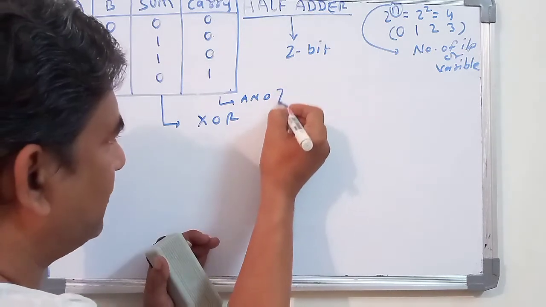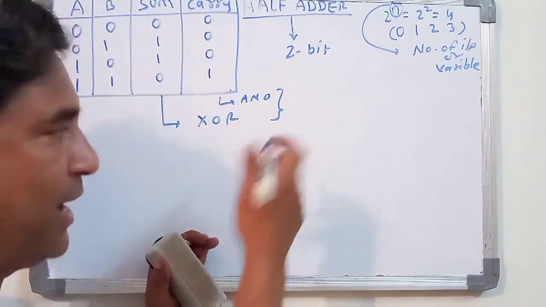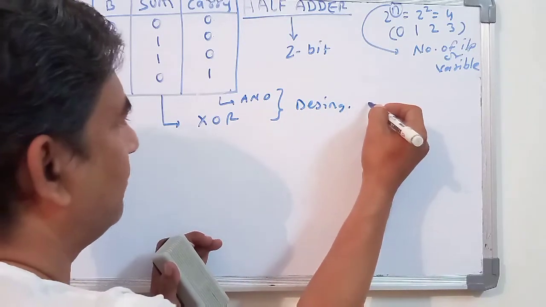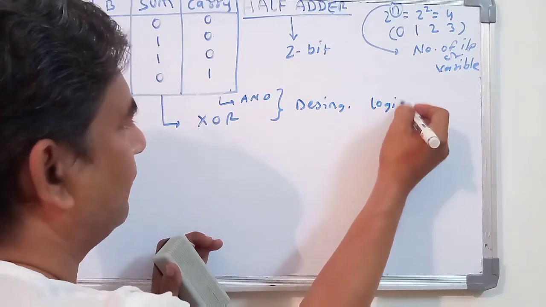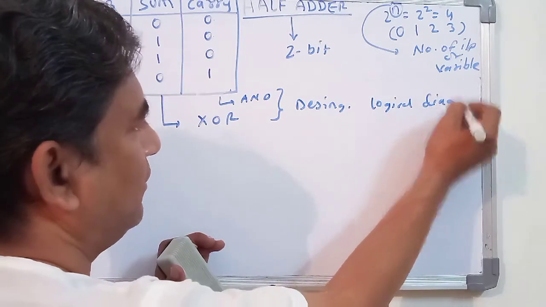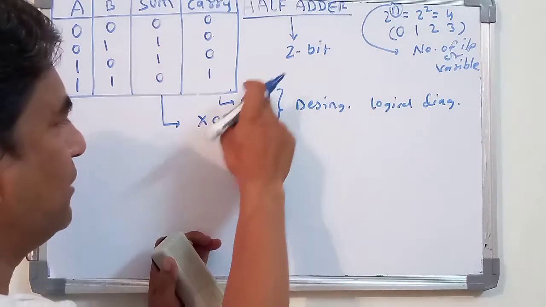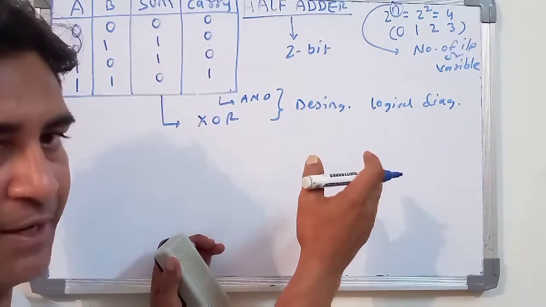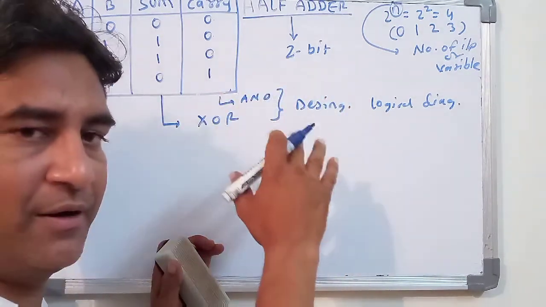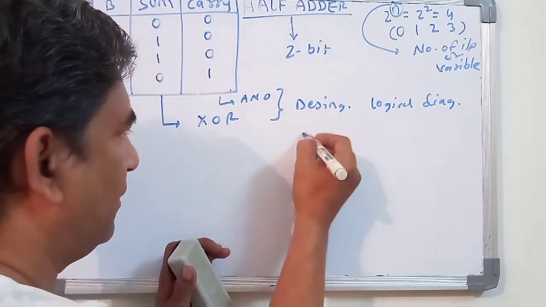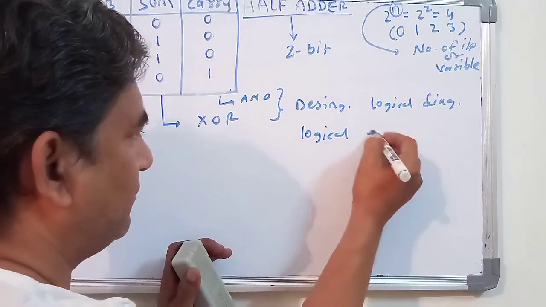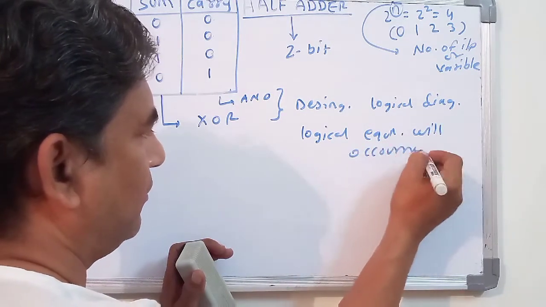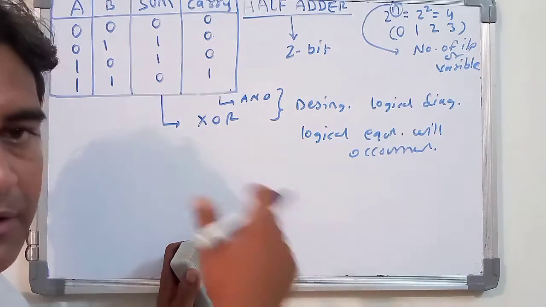So by using these two gates, we are able to design the logical diagram, and from this logical diagram, the logical equation will follow.